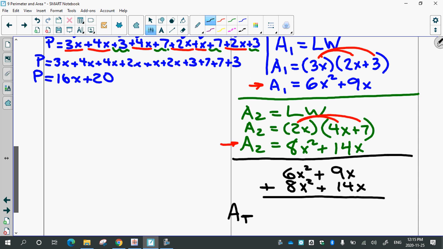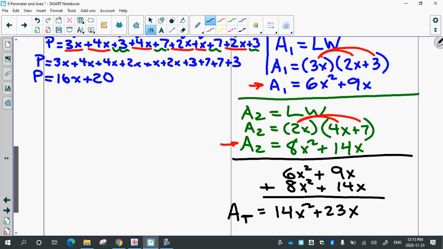Okay, so the total area is going to be 6x squared plus 8x squared, which is 14x squared. And then positive 9x plus 14x. 23? Positive, so positive 23x.